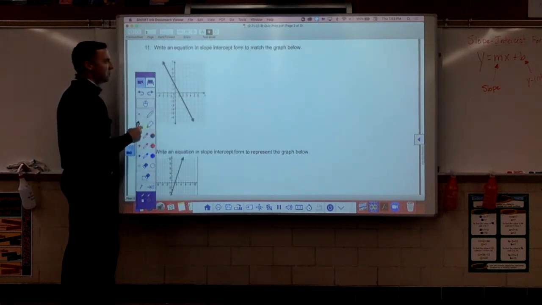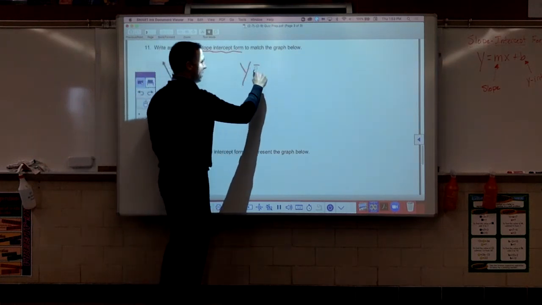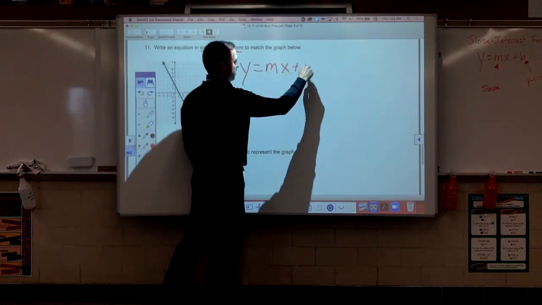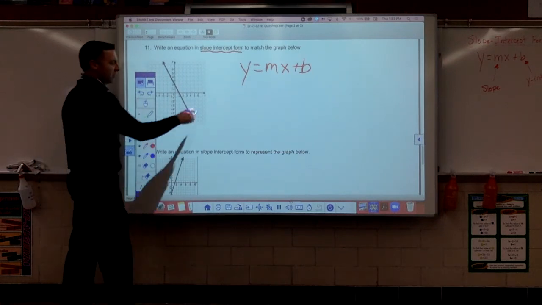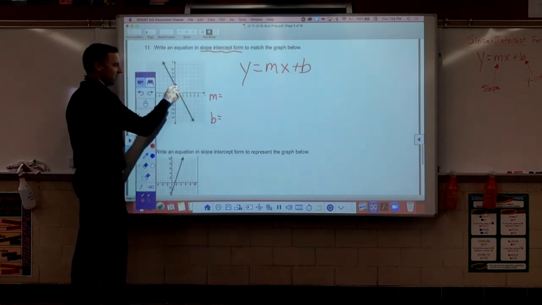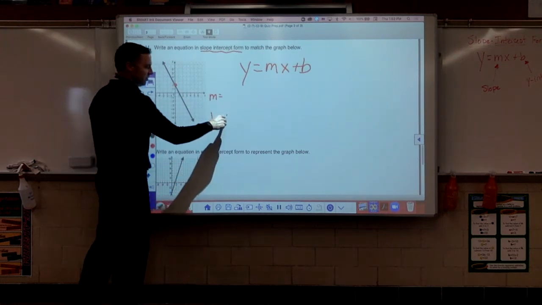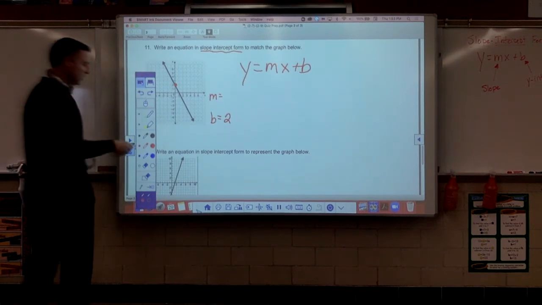All right, here we go. Write an equation in slope-intercept form. Well, if I see slope-intercept form, it better be thinking y equals mx plus b. I'm going to start with the easy one. Slope, y-intercept. I'll start with the y-intercept. Right there, 2. Can you see that? Good.